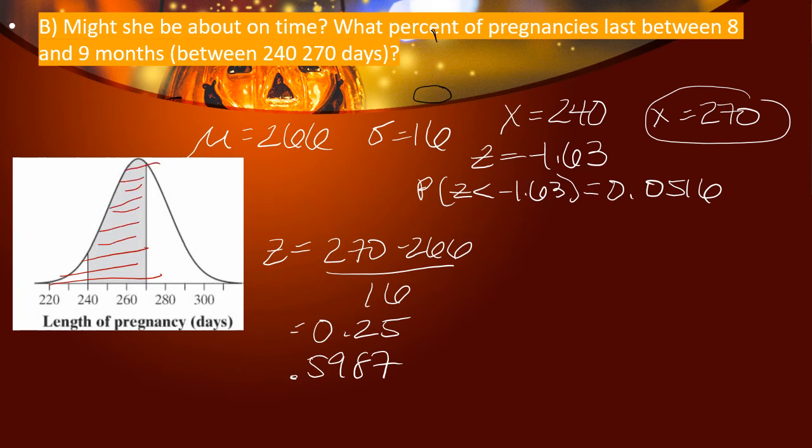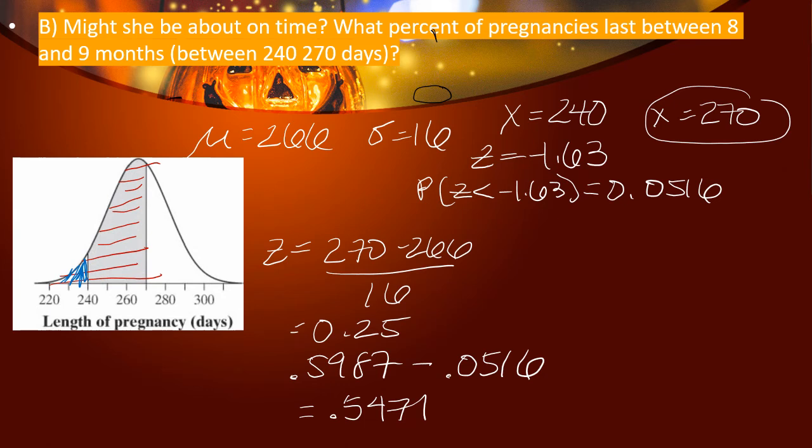And I know that 0.0516 is all of this region. So I'm going to have to subtract from 0.5987 the 0.0516. So when I do that, I get 0.5471, or roughly 55%.